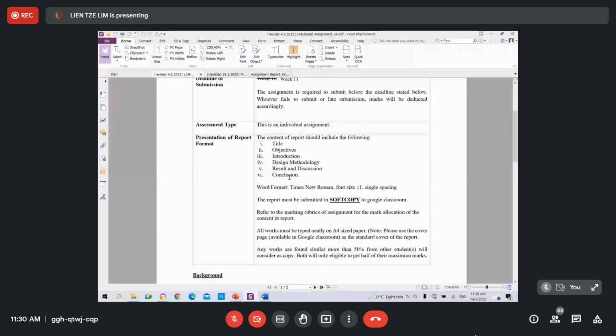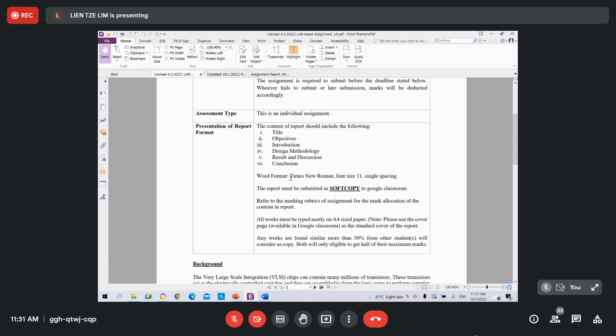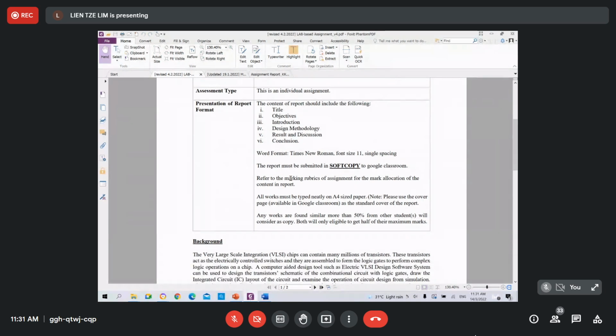In the report, what to include? Title, objective, introductions, design methodology, results, discussions, and conclusions. These are all the content that has to be included in the report. The format is also stated, and all reports must be submitted in soft copy to Google Classroom, as usual.